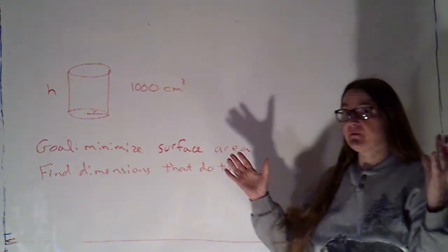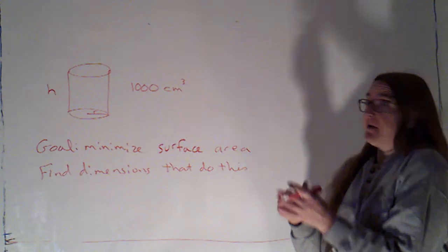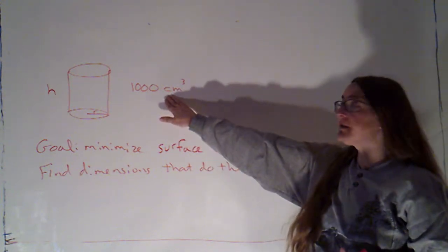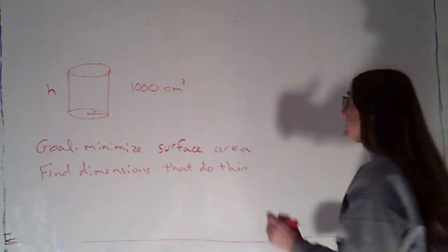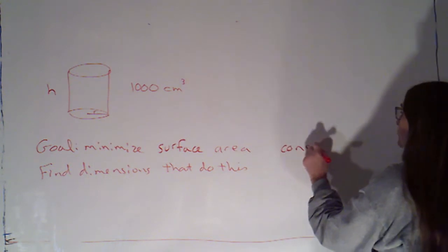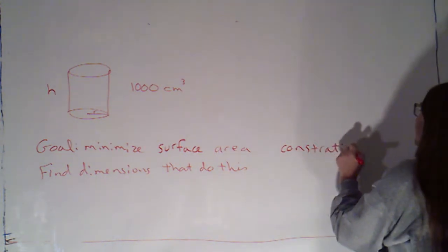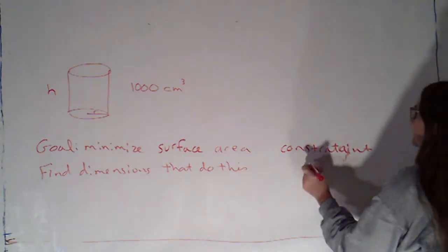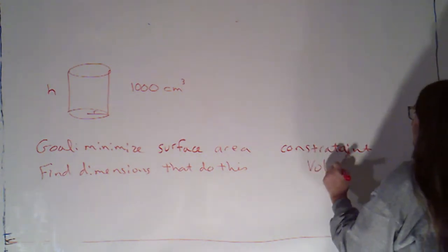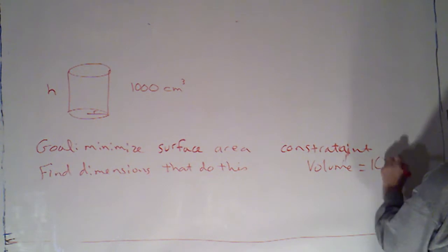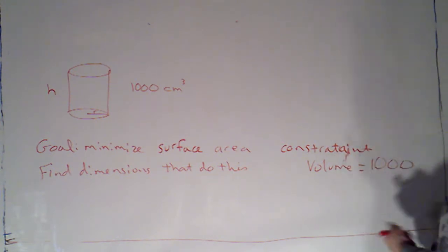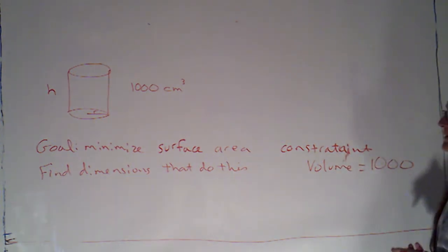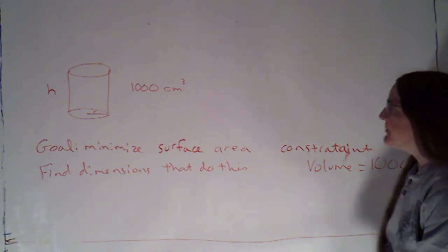What's going to keep me from just making a really small one? The constraint is that I have to contain 1,000 cubic centimeters. So my constraint is actually that the volume must equal 1,000.